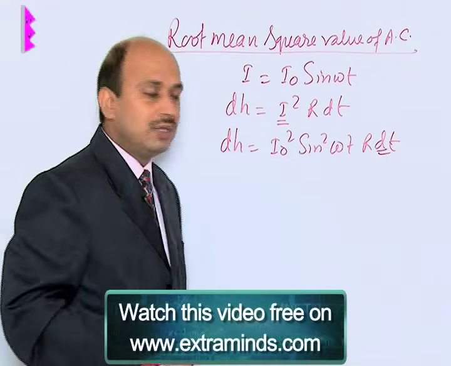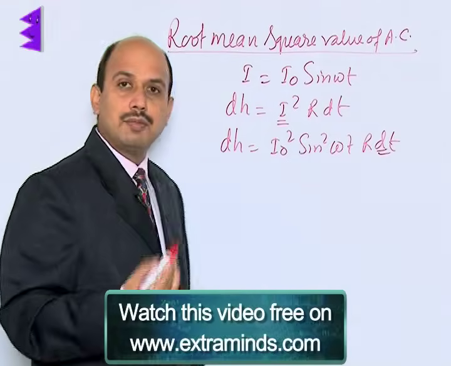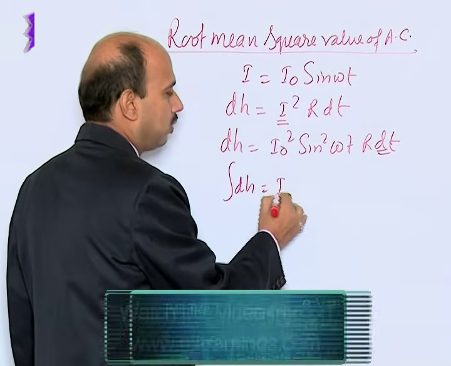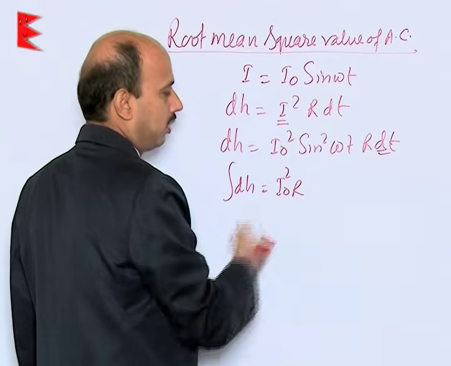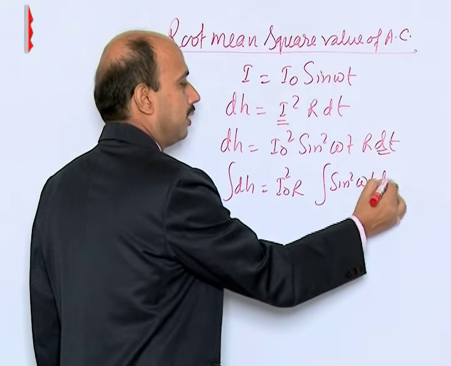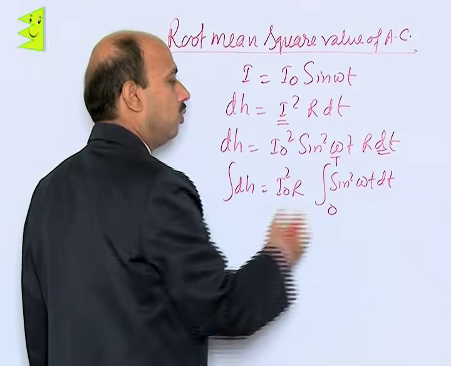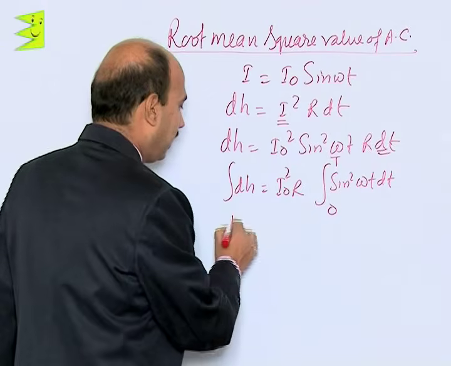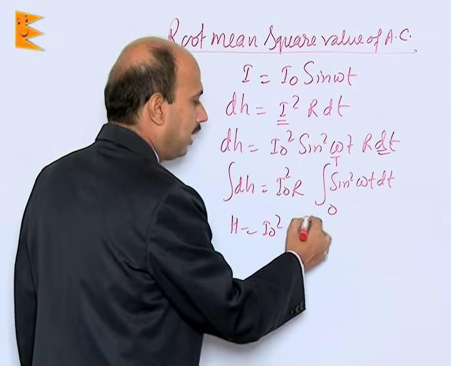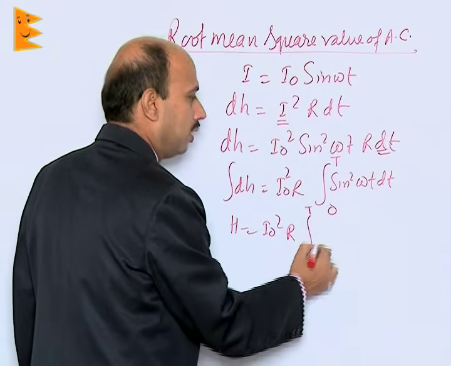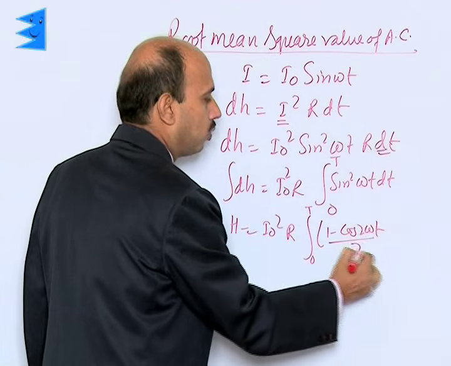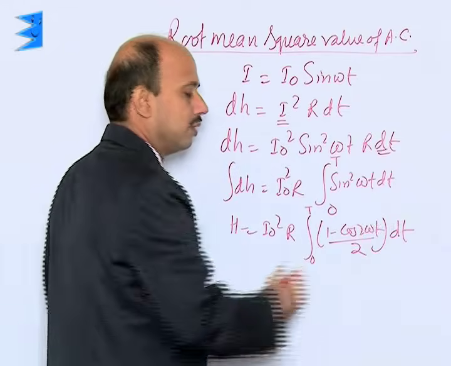Now we can calculate the heat generated by AC in one cycle. So we can write H is equal to I naught square R, since R is constant it can be taken outside, integral of sin square omega t dt from 0 to T. That can be written as I naught square R times the integral from 0 to T of 1 minus cos 2 omega t upon 2 dt.